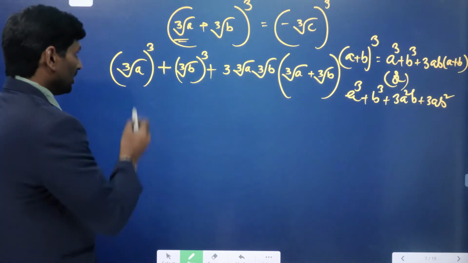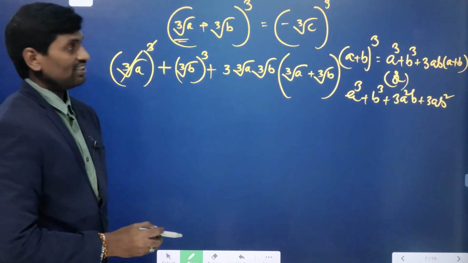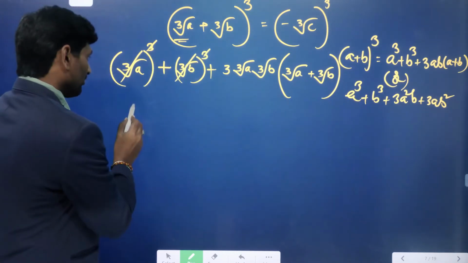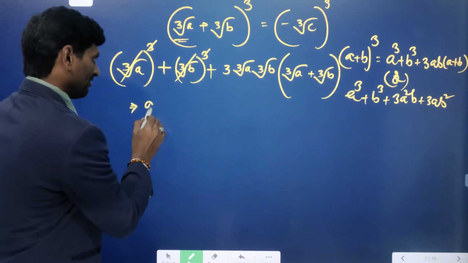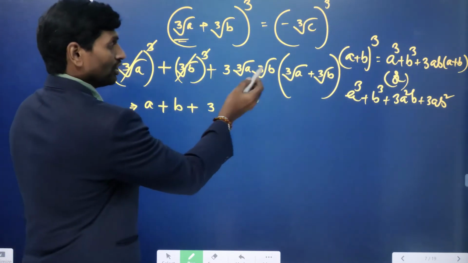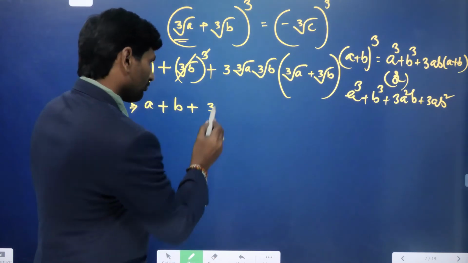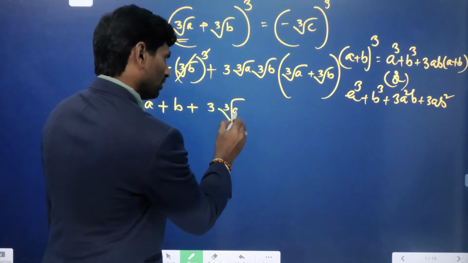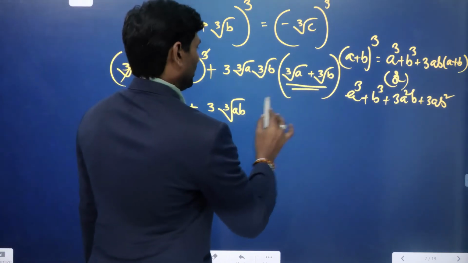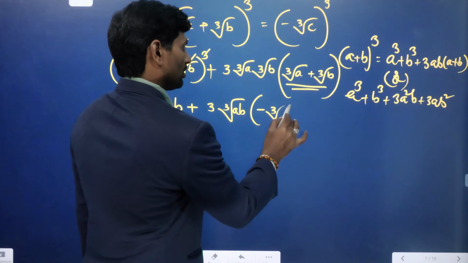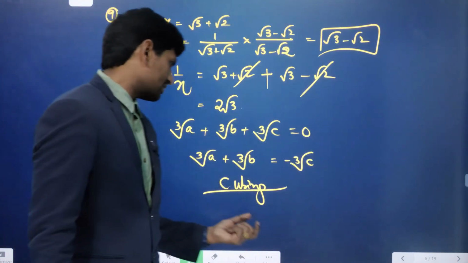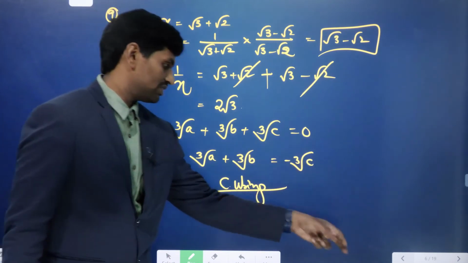Now the cube roots cancel. We will get here a value and b value, plus 3 into cube root of ab, we can write directly. And this value is minus cube root of c.